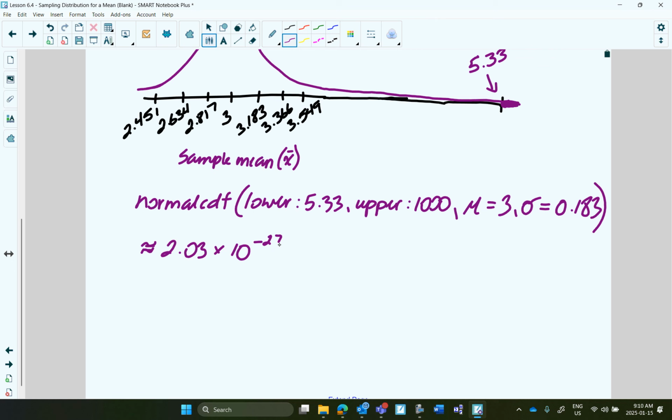If you want an idea of what this looks like, take this decimal and move it 27 places to the left and fill it with zeros. So it's going to be like 26 zeros and this. That is basically zero. There is essentially a zero probability that we got 5.33 or higher, which obviously is extremely unusual.